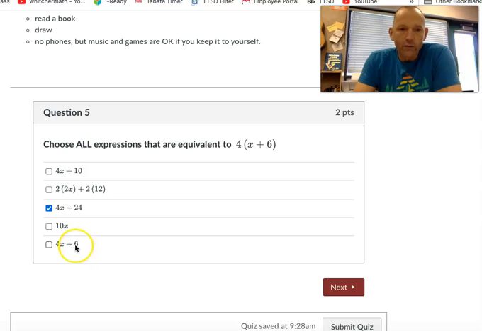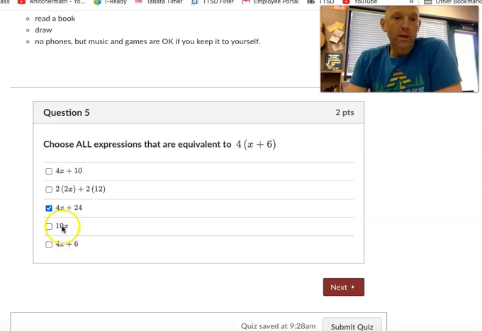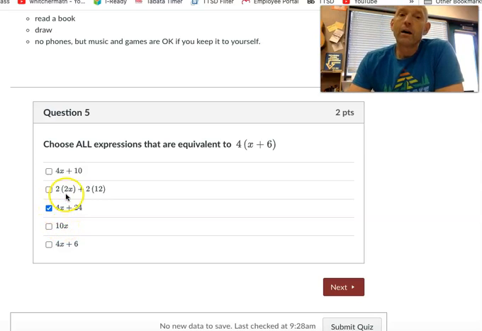This one is obviously not. This one, although we could explain that, is also obviously not. But check this out. 2 times 12, 24. 2 times 2x, 4x. So if I were to simplify this second one by multiplying, it would also equal 4x plus 24.